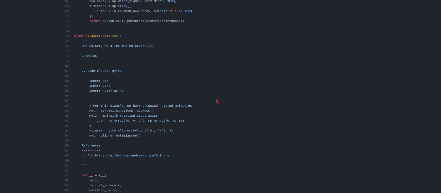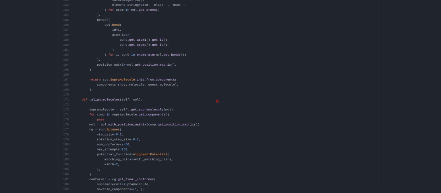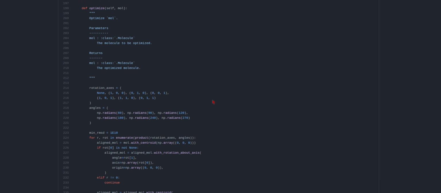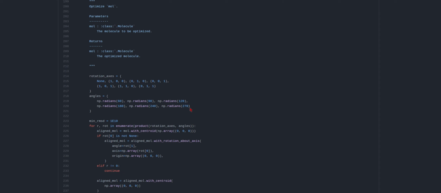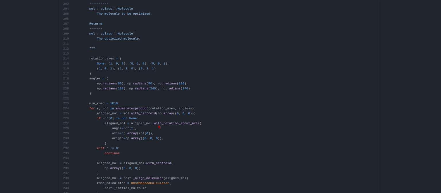The only other thing I'll show in the source code before I get started is the way it works is to run spin-dry multiple times, I think 30 or 40 times, with different initial configurations. So these rotation axes and angle terms take your initial molecule, take your molecule to be aligned to, and rotate them about some rotation axis by some angle, and this is just kind of covering a sphere basically.